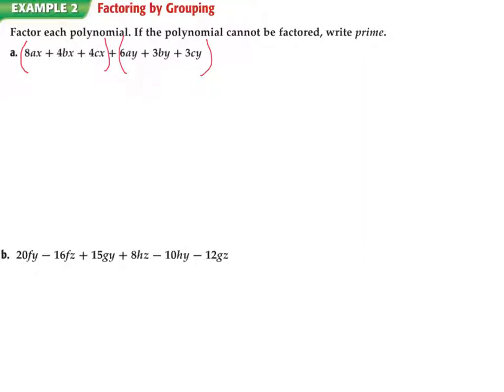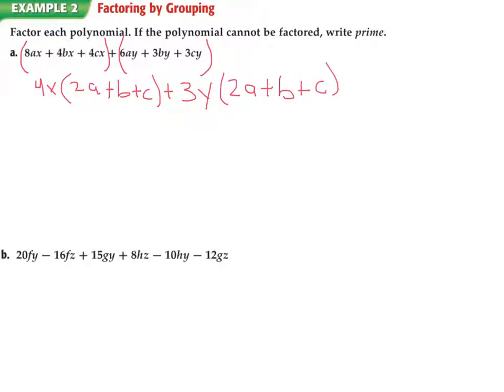From the first section, I can pull out a 4x, and I'm going to be left with 2a plus b plus c. And then in the second piece, I'm going to be able to pull out a 3y, and that's going to leave me with 2a plus b plus c.